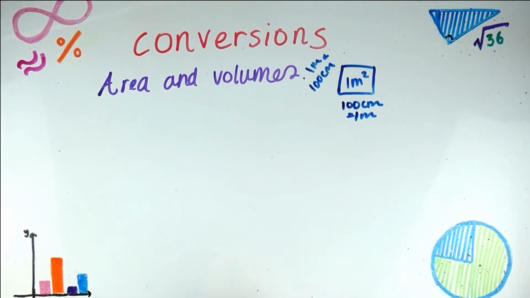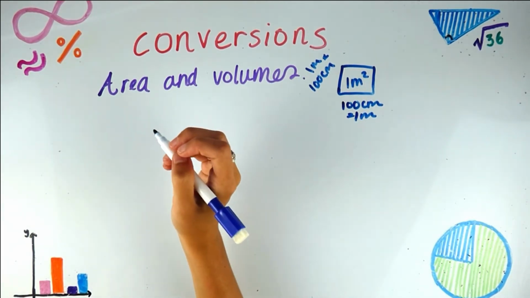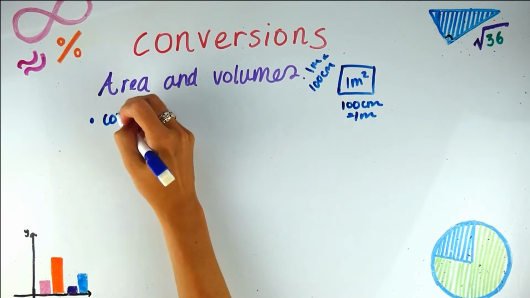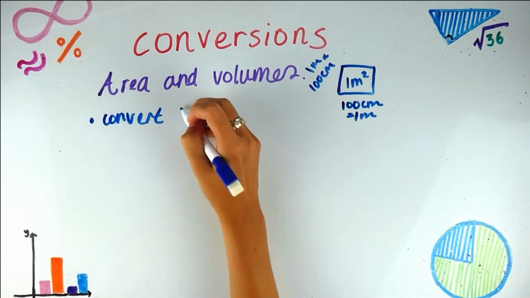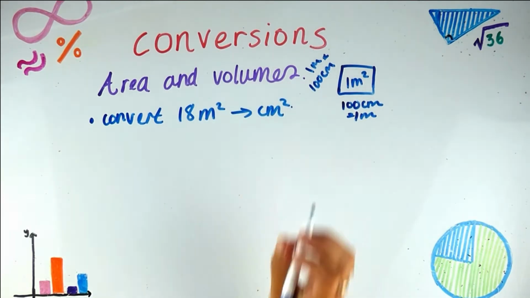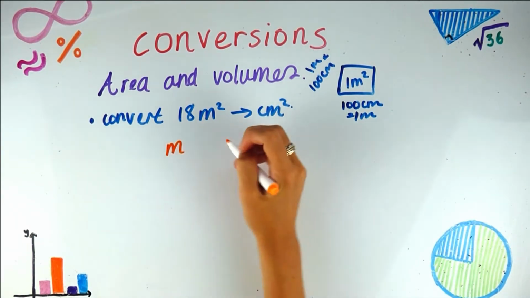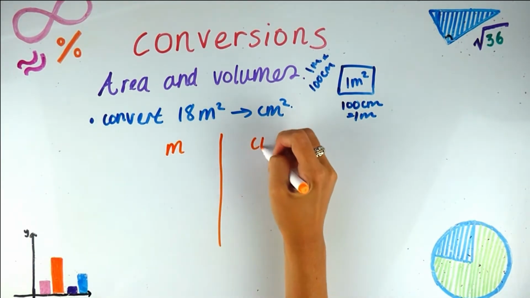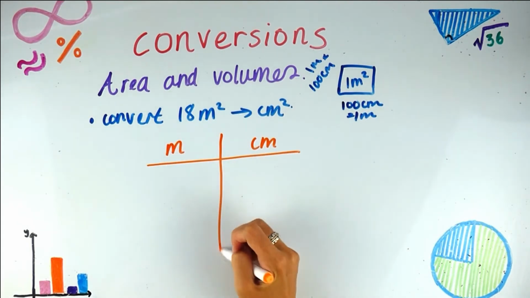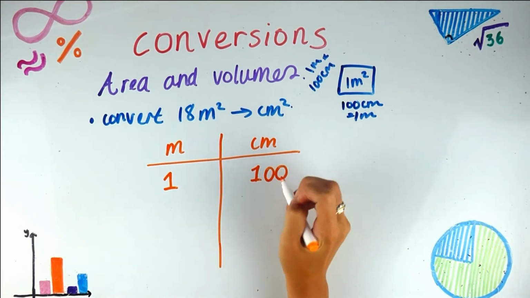So the way I do this is, I'm going to give you a question: convert, just to show, 18 metres squared into centimetres squared. I do exactly the same start as I did before. I'm going to write metres over here, centimetres over there, and I know that in 1 metre there are 100 centimetres.